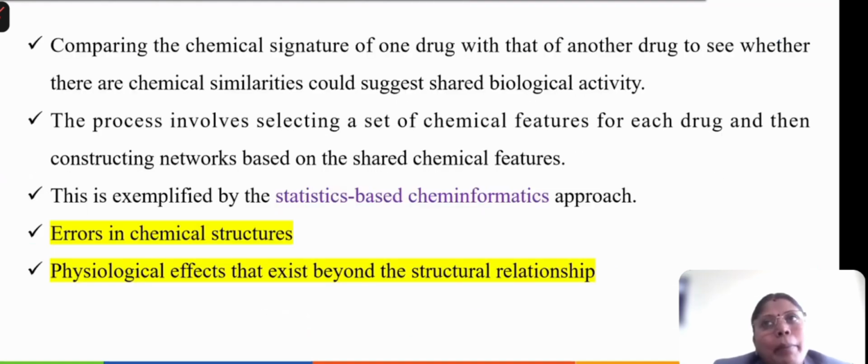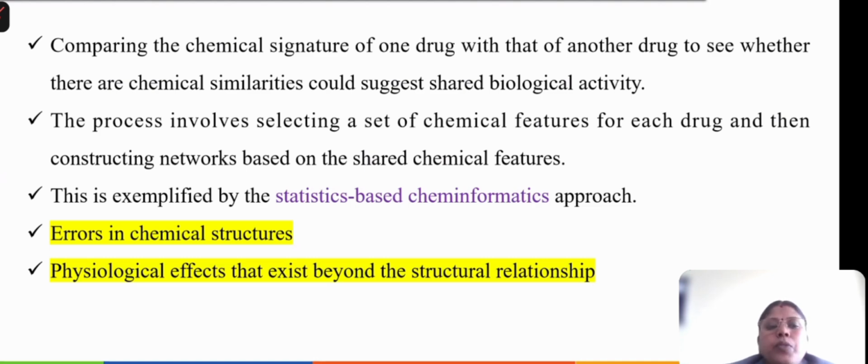Now, based on the chemical structures. Why not the chemical structures? This we do very usually when we design projects for our UG and PG students. We compare the chemical signature, which is nothing but the structural features. In SAR, we analyze the common and different structural features. Comparing the chemical signature of one drug with that of another drug to see whether there are chemical similarities could suggest shared biological activity.